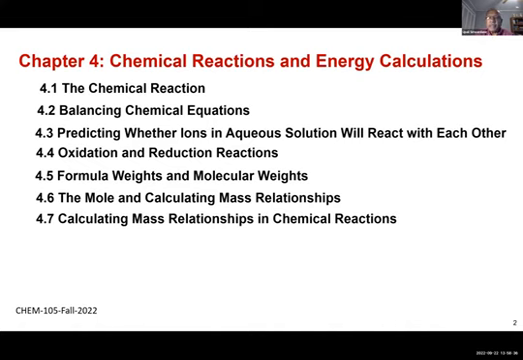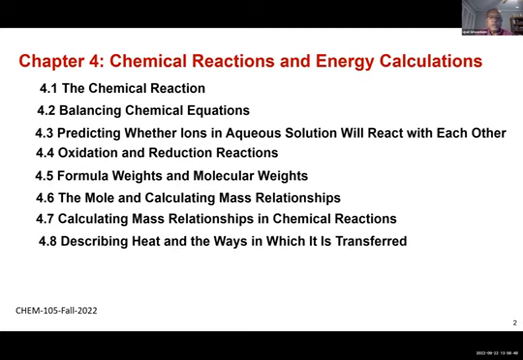Calculating mass relationships in chemical reactions involves the mole concept and the mass of reactants in grams. Now, one of the other things, the last thing we learn, is how heat is produced in a chemical reaction.